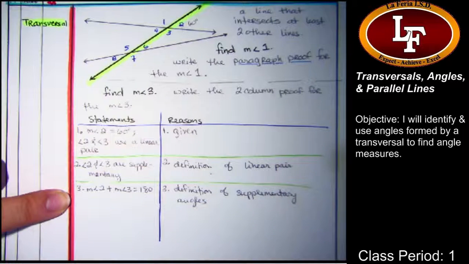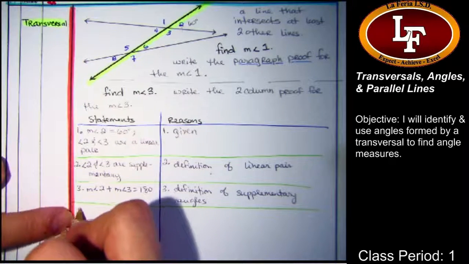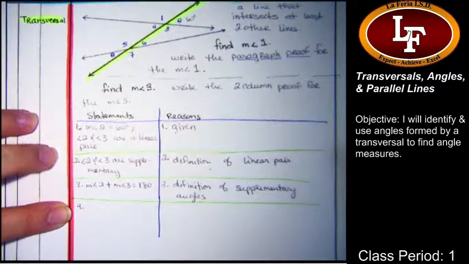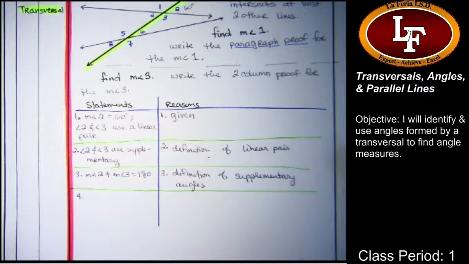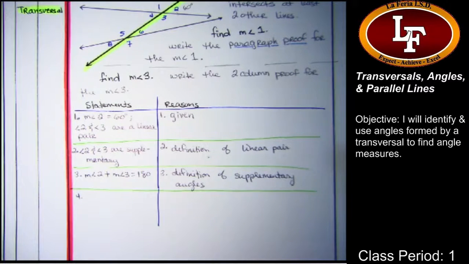Is this feeling familiar from all of our algebra connections? Yes, ma'am. Good. Not hard right now? No, ma'am. Good. All right, we know the measure of angle 2, don't we? It's 60, so what property could we use to get that in there to work with numbers? I want to replace it in here so I can solve for the measure of angle 3.